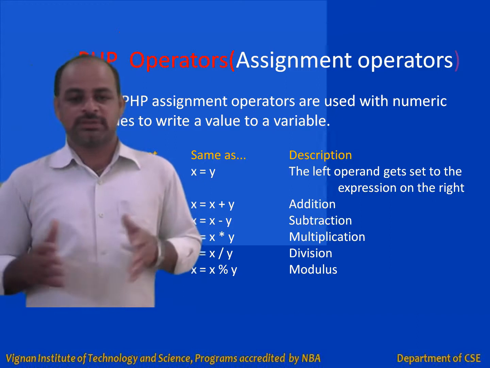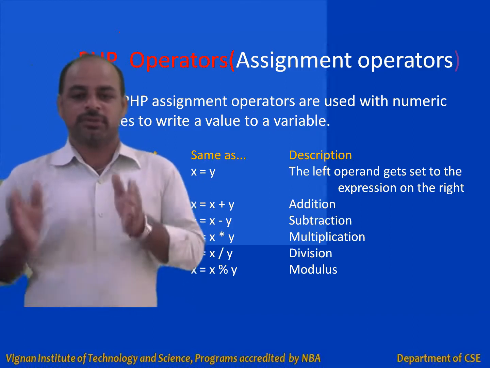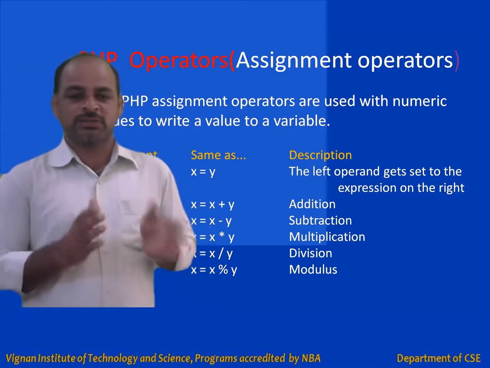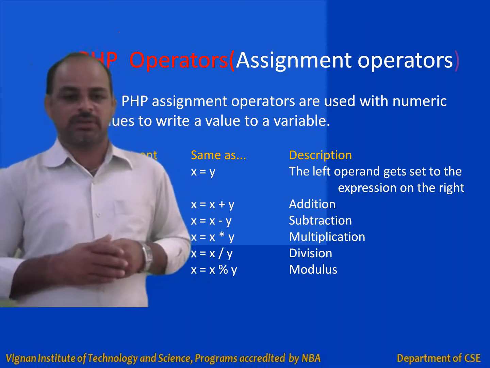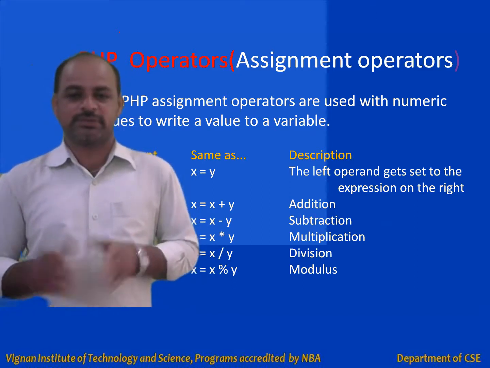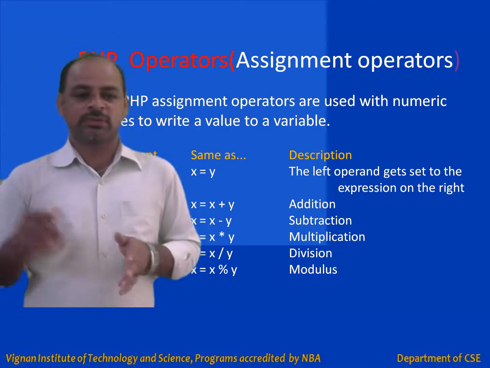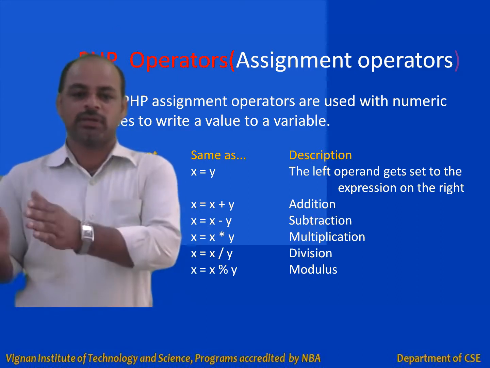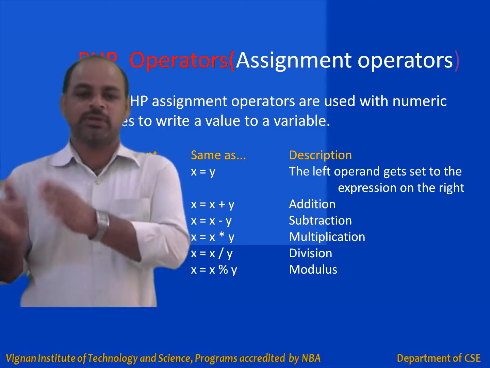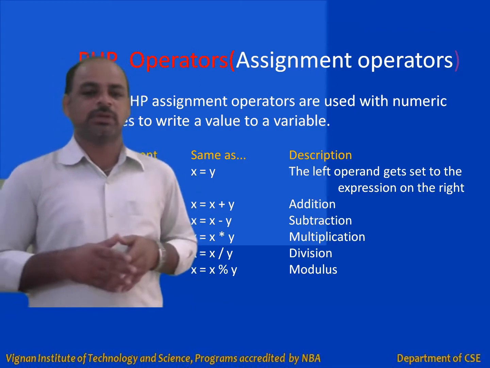Basically, we use these assignment operators for storing values into a variable, that is, for initialization of variables, right? For example, we have $x as one variable, and x is equal to 10, so you are storing the value 10 into variable x. For storing this value 10 to variable x, we use the assignment operator.